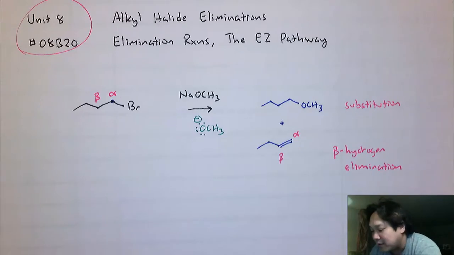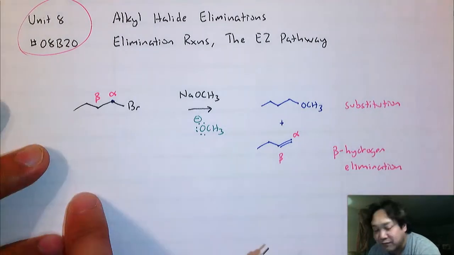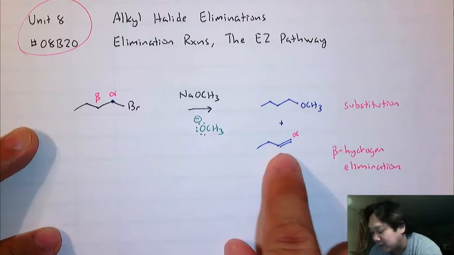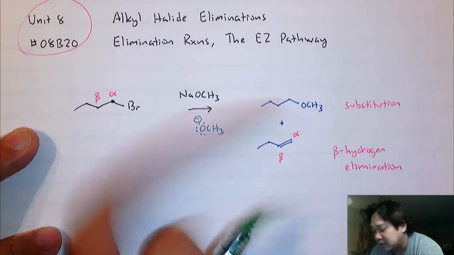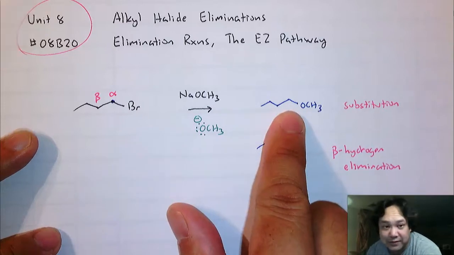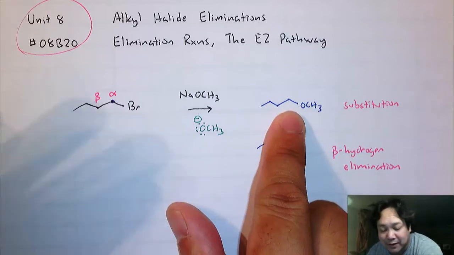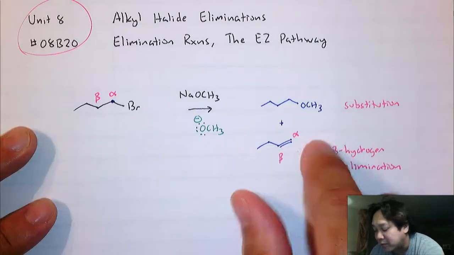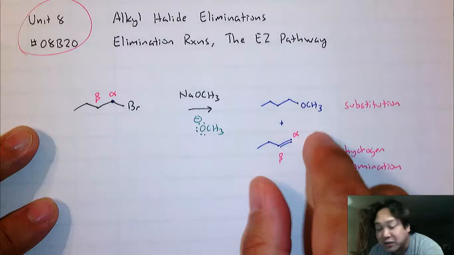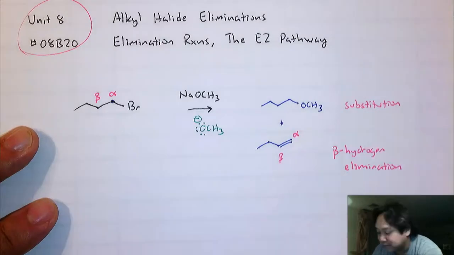But I don't want to lie. When we do these reactions, and we're only drawing the elimination product, for a lot of those reactions, the substitution product can also exist. But I am not, at least for a while, going to say how to determine whether you have a mixture or whether you have one or the other.